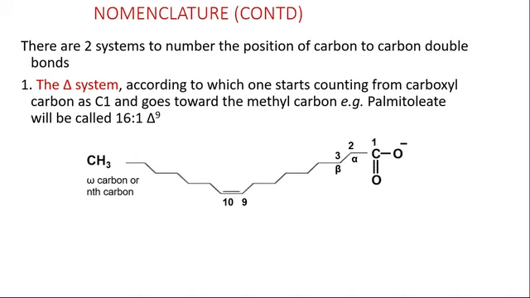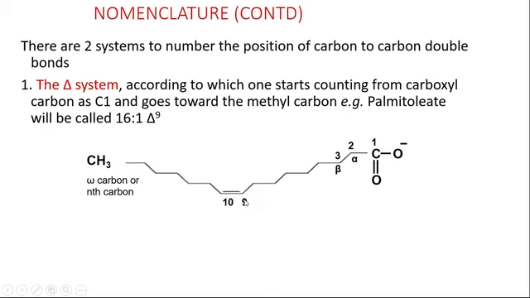So if you have palmitoleate, that is the 16 carbon fatty acid, it has a single double bond, and the double bond is from the ninth carbon from the alpha carboxyl end. So if this is the alpha carboxyl end, you have 1, 2, 3, 4, 5, 6, 7, 8, 9. So this is delta 9.